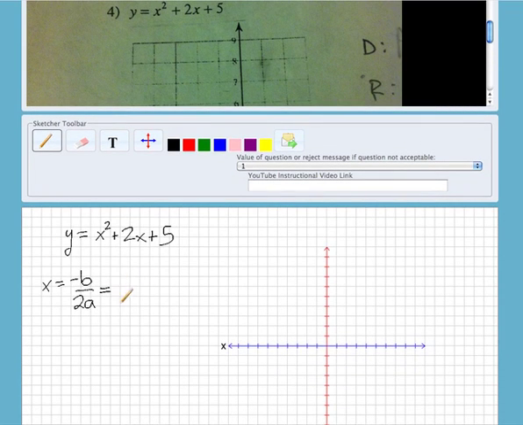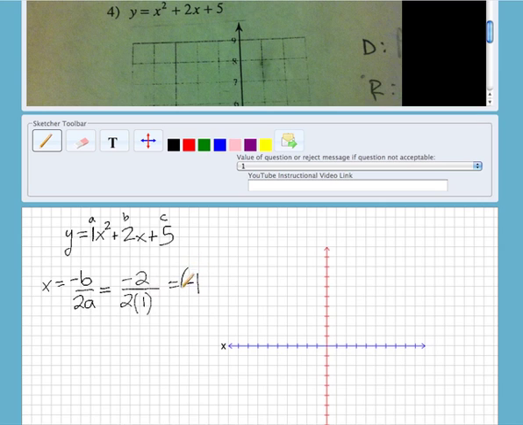Alright, first thing you want to do is find the vertex. The x value is negative b over 2a, so it's going to be negative 2 all over 2 times 1. Just to make sure, a is 1, b is 2, and c is positive 5. So we get negative 2 over 2, which is negative 1.